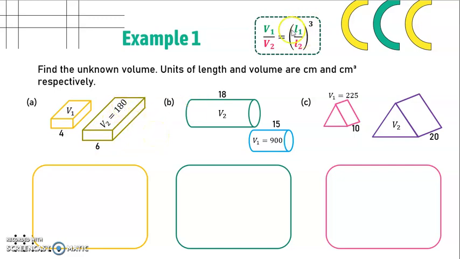We apply the formula and insert all the information given: V1 divided by 180 is equal to (4 divided by 6) cubed. Then simplify and cross multiply, and you'll get 53.33 centimeter cube. So the volume of the small cuboid is 53.33 centimeter cube.